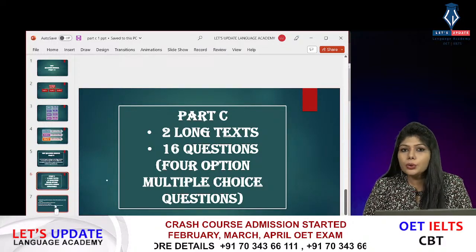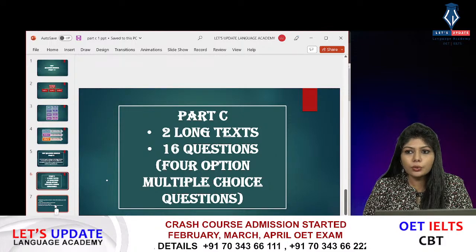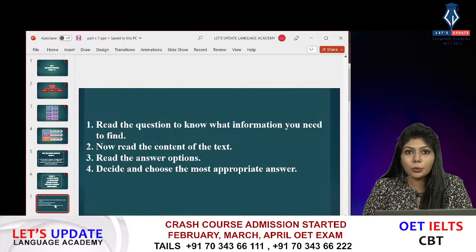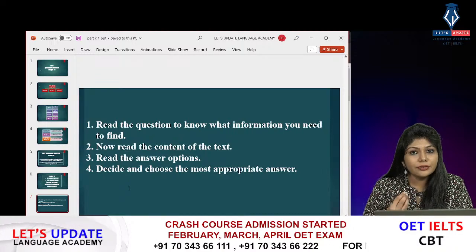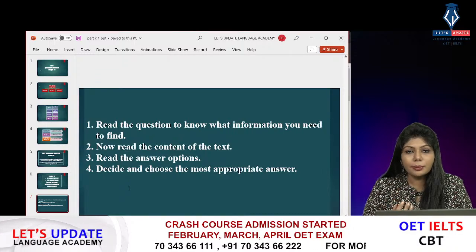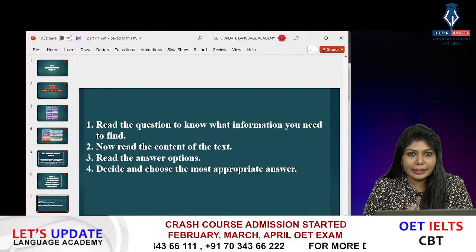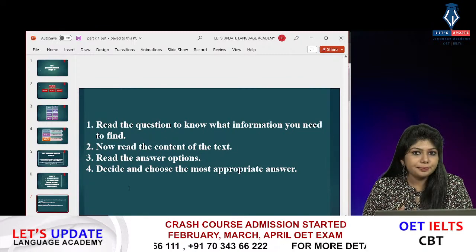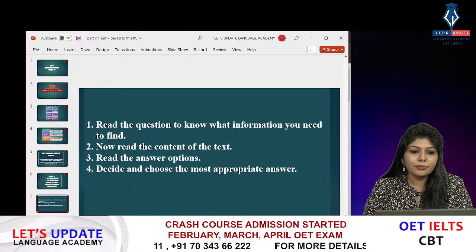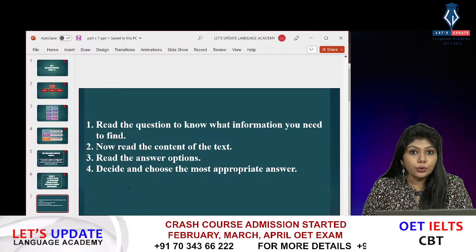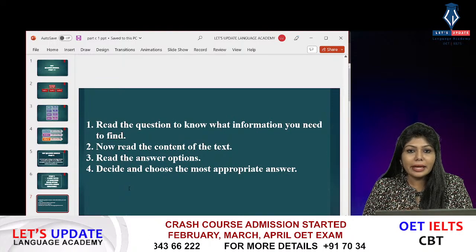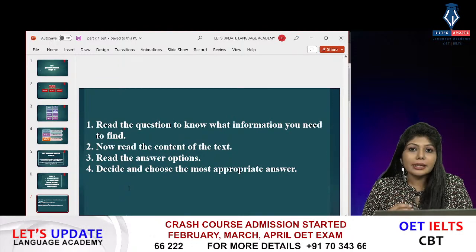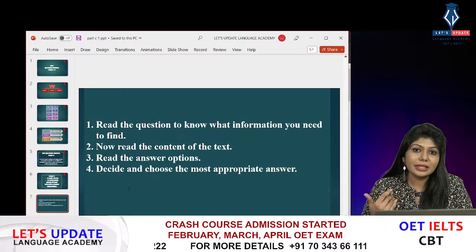And how do you crack part C, or how do you go about approaching part C? First, you need to read the question to know what information you need to find from the text or the paragraph. Then read the paragraph to know what information is there. The aim of reading the paragraph should be that you find the answer to the question that you have just read.